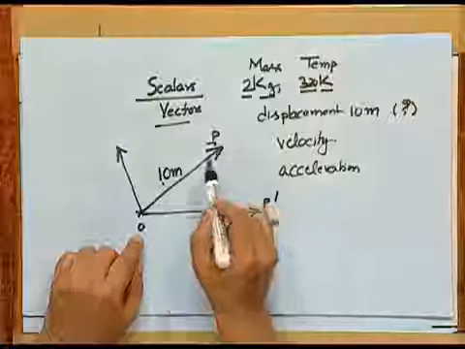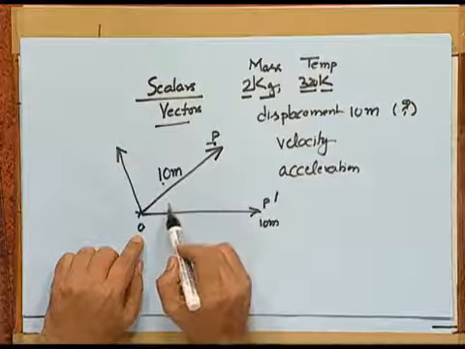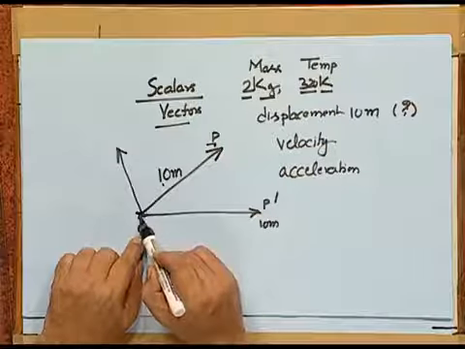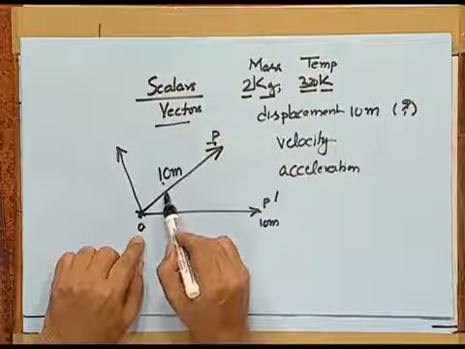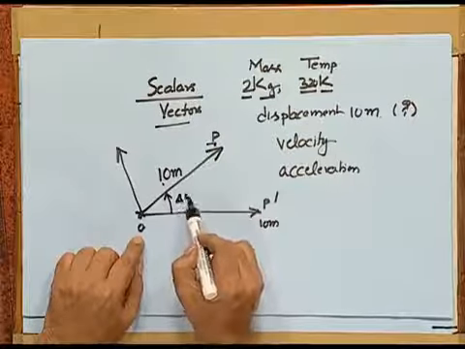So, position of a particular object or a point in space is to be specified with reference to the origin, not only by the magnitude, but also the direction in which it is there. See for example, in this case P is located with respect to O at a distance of 10 meters, possibly you say at an angle of 45 degrees.